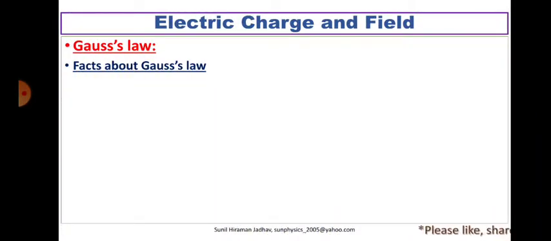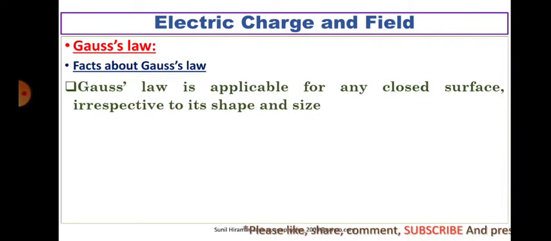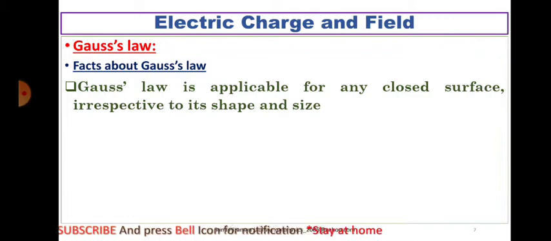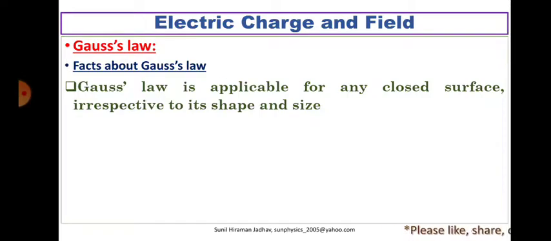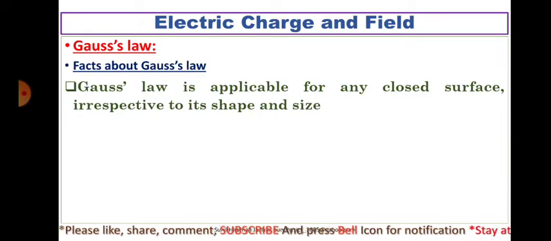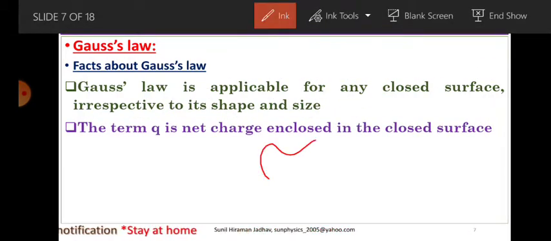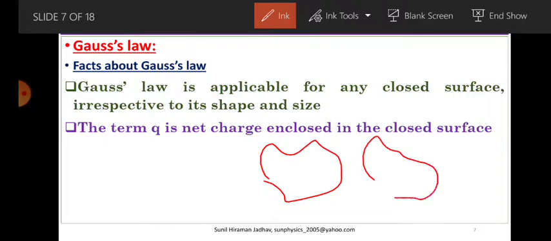So first, Gauss law is applicable for any closed surface irrespective of its shape and size. It means that when you are taking the Gaussian surface, it can be taken in any form, or you can have any kind of surface structure like this.